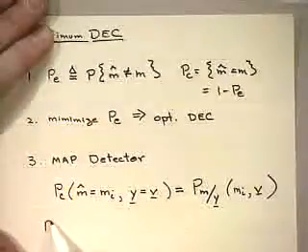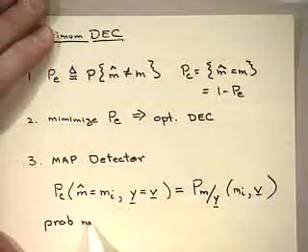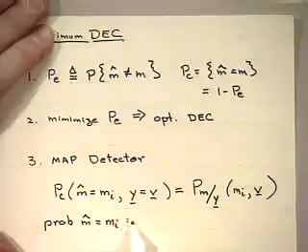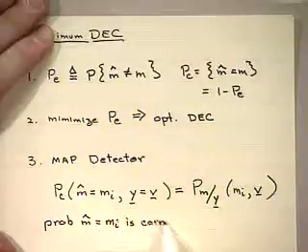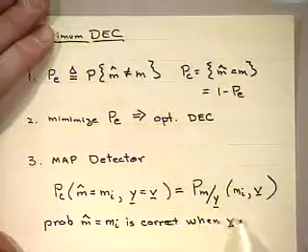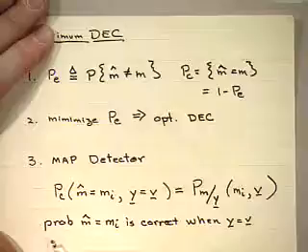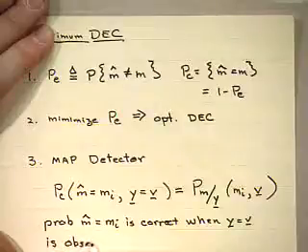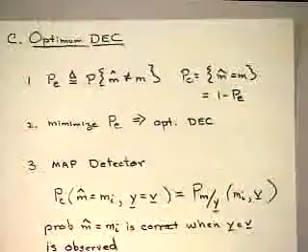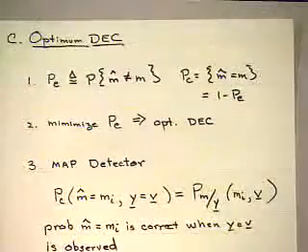Now, to write it in words, which I think helps, the probability that M hat equal M sub I is correct when Y equal V is observed. So that's the probability of being correct.